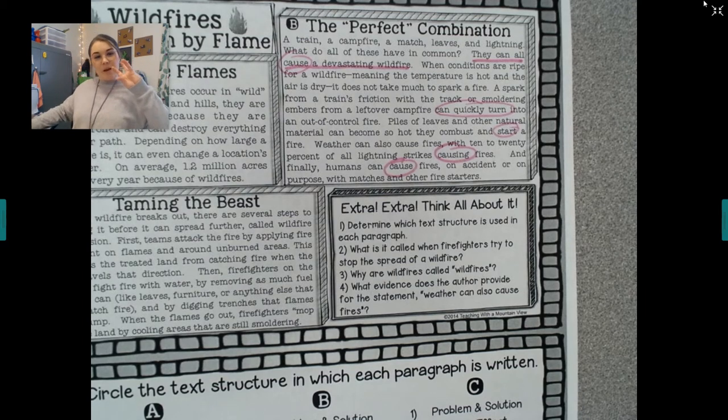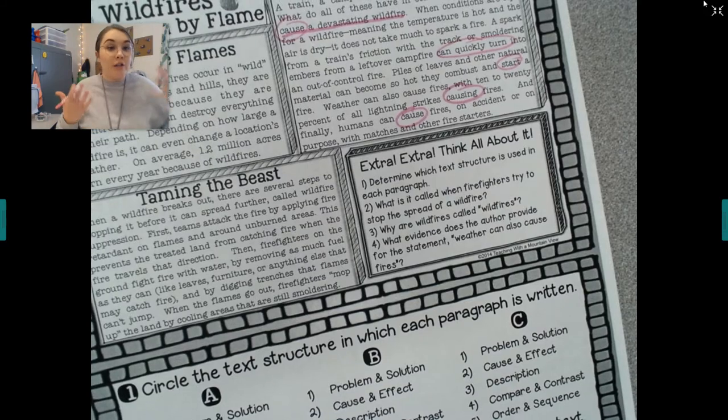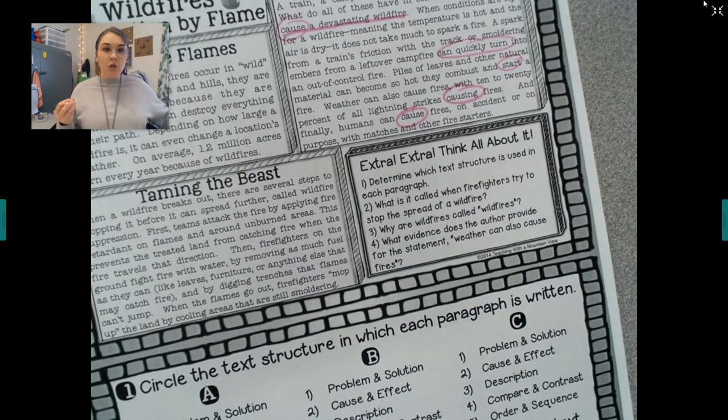Are they telling us a way we can solve the problem of wildfires? No. They're not saying, don't do this, don't do this, don't do this, or whatever. They're saying this, we have wildfires. Let me tell you how wildfires are caused. How do wildfires happen? They're not telling you to solve anything.